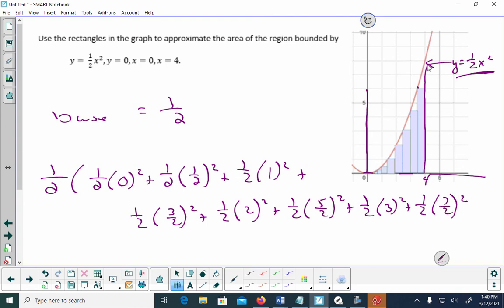And I think that's where I decided I was going to stop. That's the last height that I'm going to have right there, 3.5. And this is all going to be multiplied by 1/2.